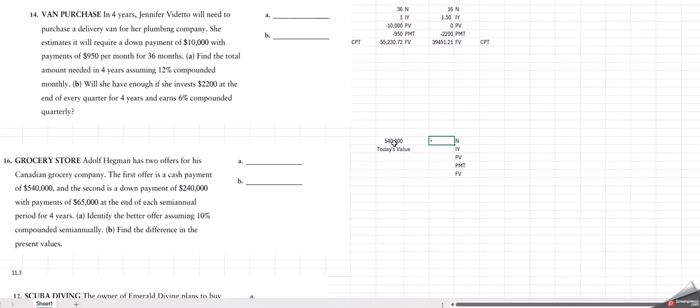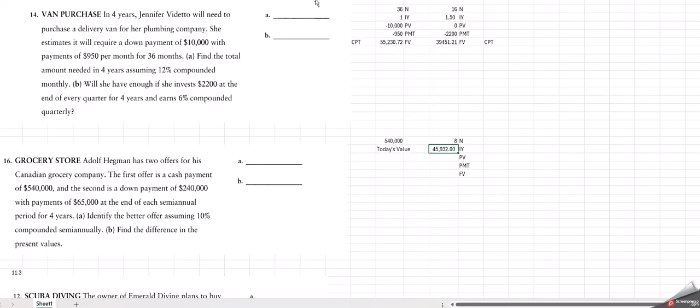So our N is going to be 4 years times 2, so 8 is our N. 10% divided by 2 because it compounds semi-annually, so it's 5. The present value is what we are computing, and the payment is the $65,000 and no future value.